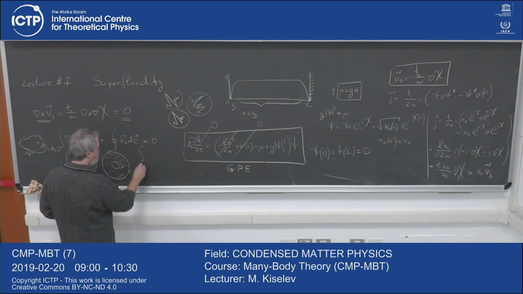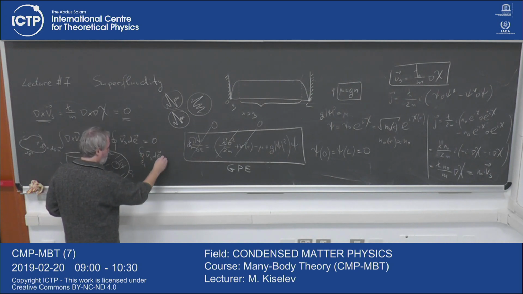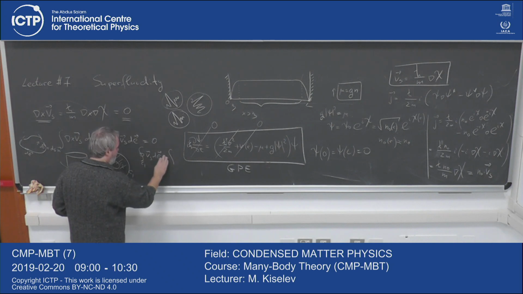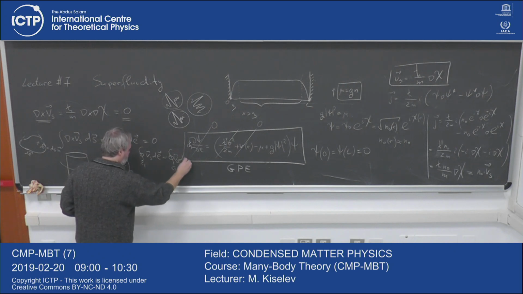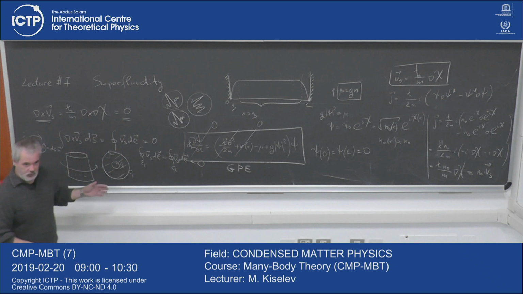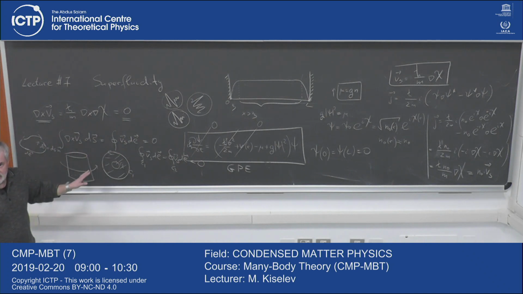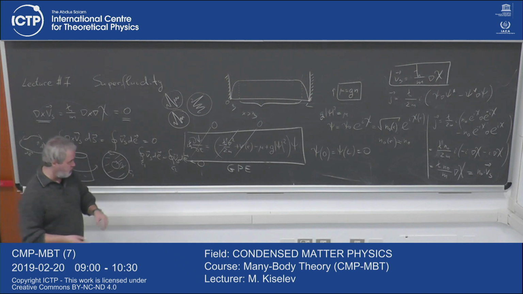So the integral over C1 of Vs dl is equal to minus the integral over C2 of Vs dl, which is equal to 0. Minus because one contour is taken clockwise and the other counterclockwise. We are just replacing the flow through the surface by the integral over the boundary. We have two boundaries, the outer boundary and the inner boundary. There is no singularity, so we have this condition.